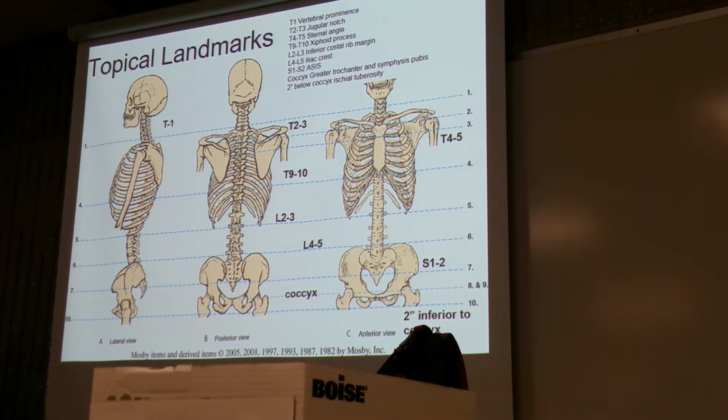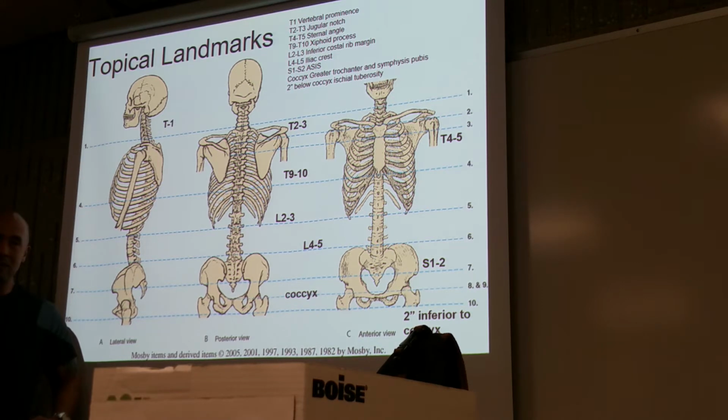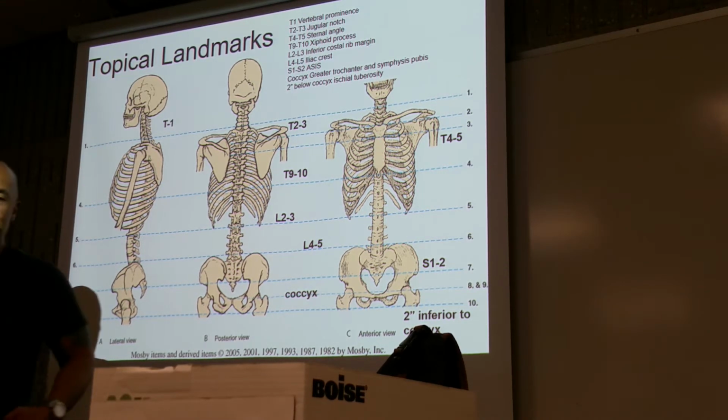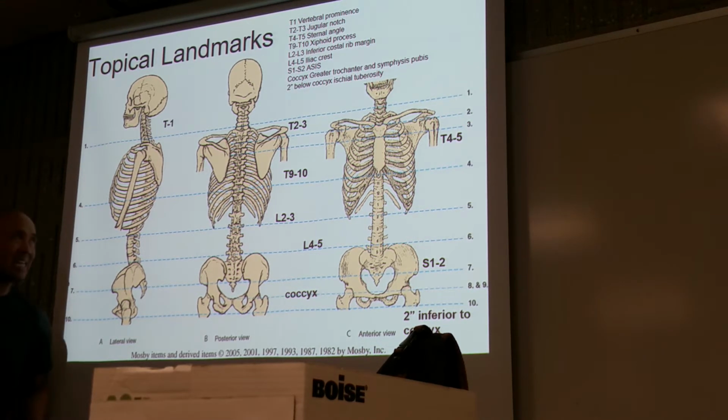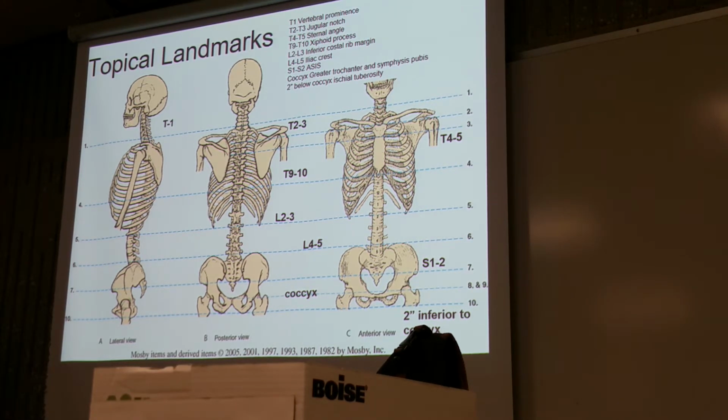The ASIS stands for the anterior superior iliac spine. Again, it's a bony part that we feel here that we constantly palpate. It's near the region of the pelvis, but we constantly palpate that. The ASIS is at the level of S1, S2.